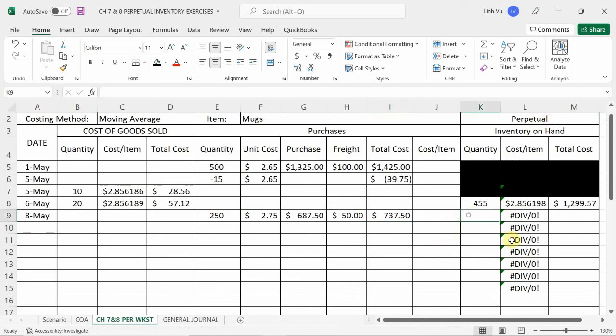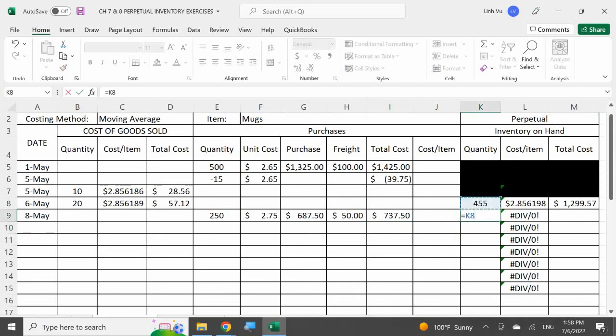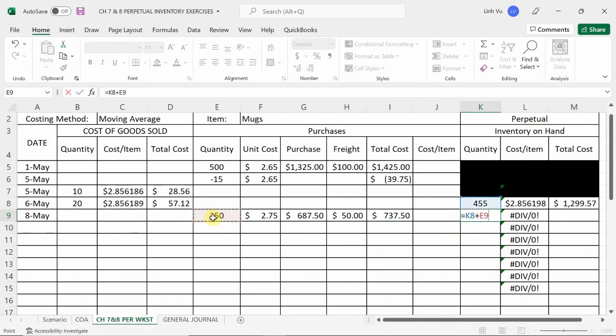So now that we made a purchase of inventory, we're adding to the inventory that we actually have currently on hand. So in this case, I need to increase my inventory quantity by 250. So 455 plus 250 is going to give me 705. Same thing here.